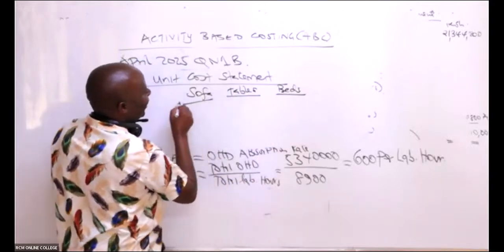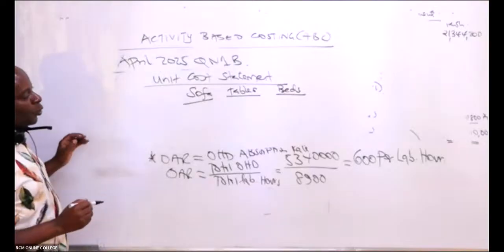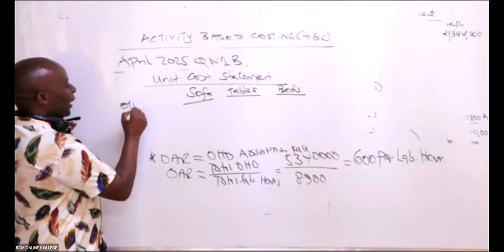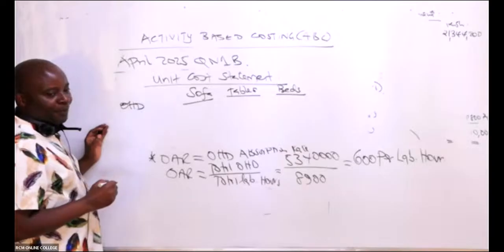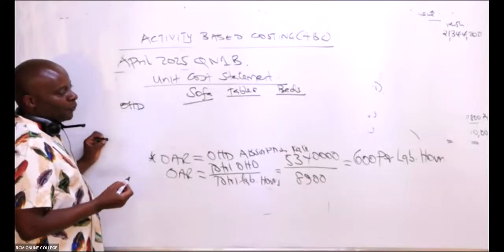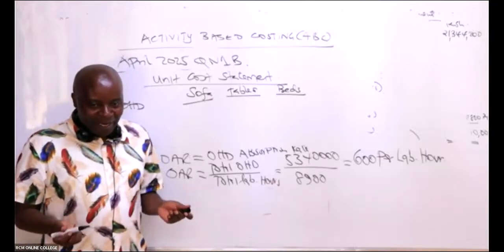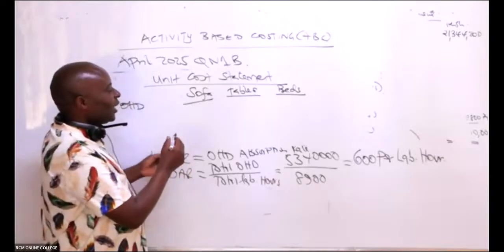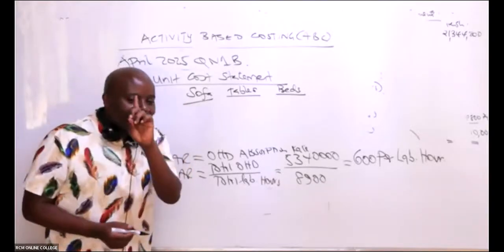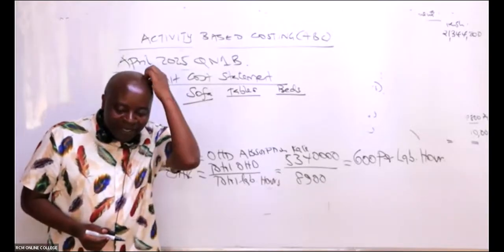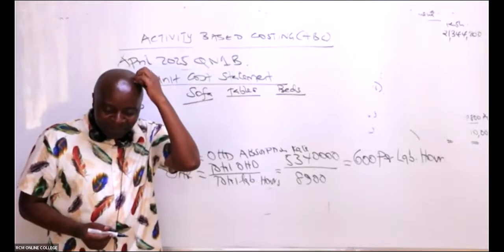Yeah, great. So we start here with the overhead. For each one of them, for each unit, for each sofa set. So remember, we are absorbing this overhead using which criteria? Labor hours. So in this case, I will take the labor hours needed to make one sofa. How many hours do you need to make one sofa?